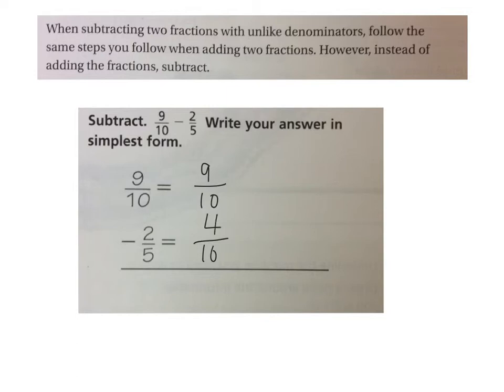Now do my two fractions have the same denominator? They have the same denominator of 10. If I have 9 tenths and take away 4 of those tenths, how many tenths do I have left? 5 tenths. Is 5 tenths written in simplest form? No. We can simplify it to 1/2. So the answer to 9 tenths minus 2/5 is 1/2.